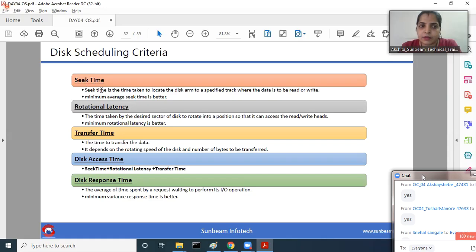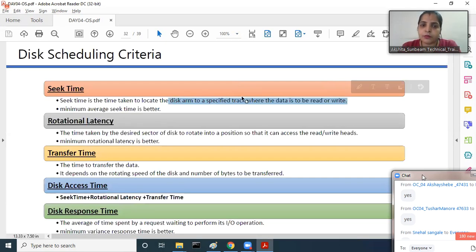The seek time is the time taken to locate the disk arm to the specified track whenever data is to be read or written. That means how much time my disk read write head or disk arm takes to reach that particular track. That is called seek time.